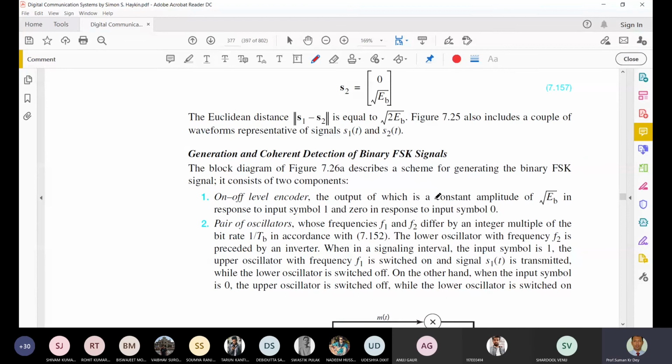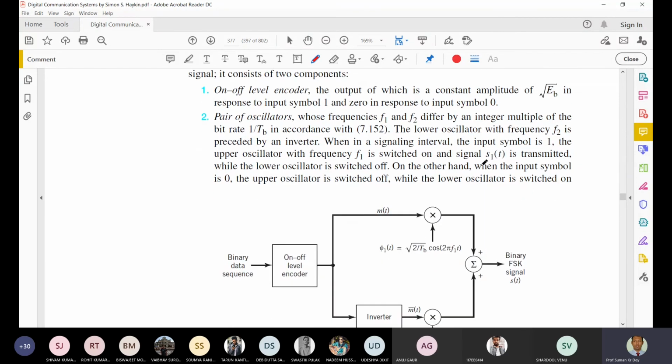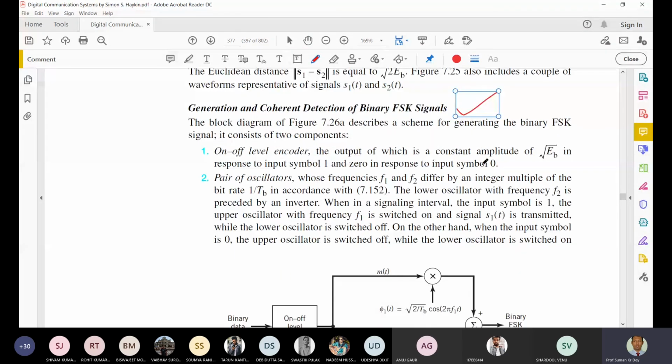Okay. So now how to generate or detect the BFSK signal, or binary frequency shift keying signal. So two things are there. First, when we are generating the BFSK signal, in this case, there is an on-off level encoder we are using, with a constant amplitude of Eb.